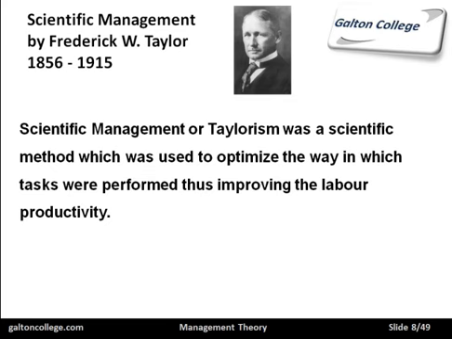Scientific management was measurement, it was calculation, it was timing, it was watching the worker perform a particular task and seeing if there was a better way of doing it, taking timings so that precise measurements could be taken as to how long a task took and what was involved. So it was a much more scientific approach to management.